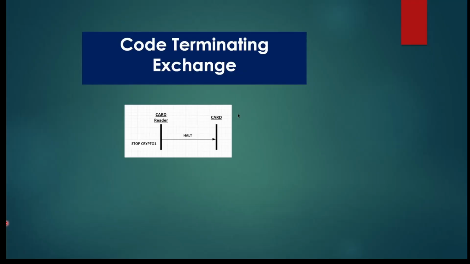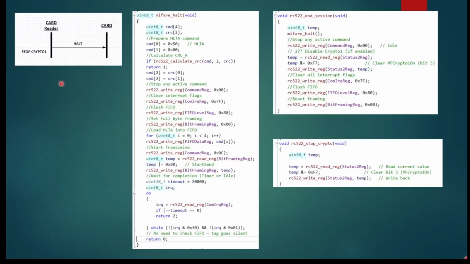Let's look at the code for terminating the exchange between the card reader and the tag. We've performed all our transactions, and the tag may still be there, or we don't know when they are going to remove it. So we did the transaction, let's terminate everything, so we don't do the same thing over with the same card again. Let's see how we do this.